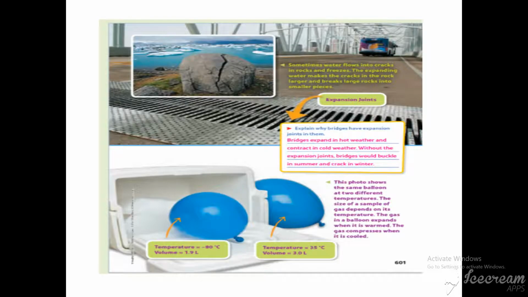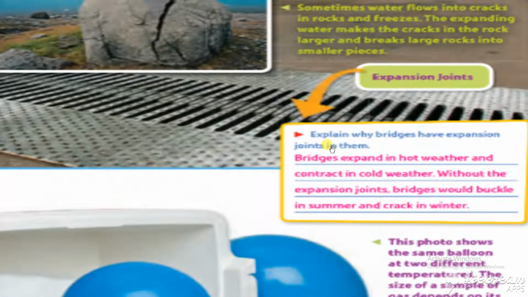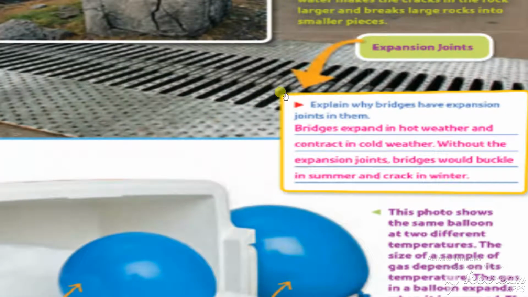Next, explain why bridges have expansion joints in them. Bridges, they have these joints. Why do they keep these joints? Do you see here? Because bridges are made of iron or some metals mixed with iron, and they expand during the summer season and contract in cold weather.